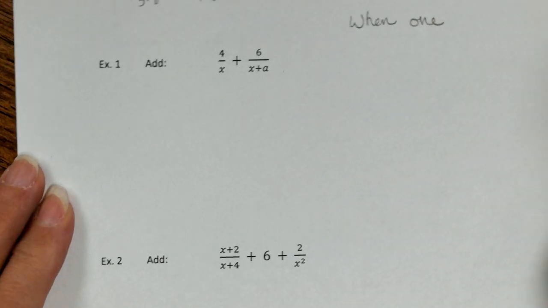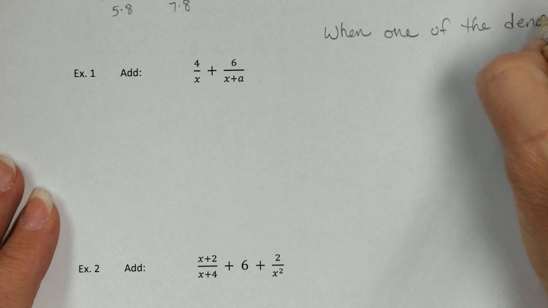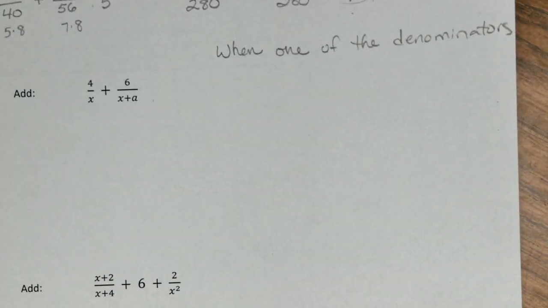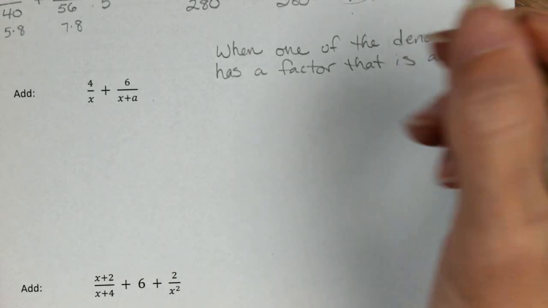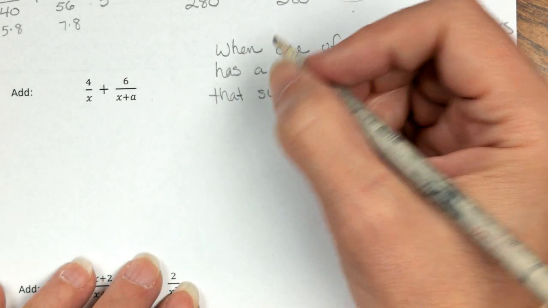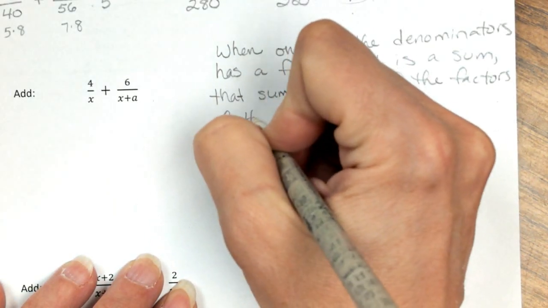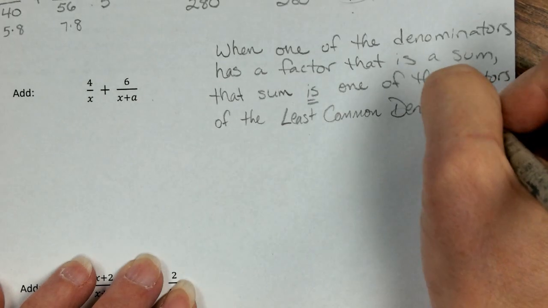When one of the denominators, or both, has a factor that is a sum, then that sum must be one of the factors of the LCD, the least common denominator.